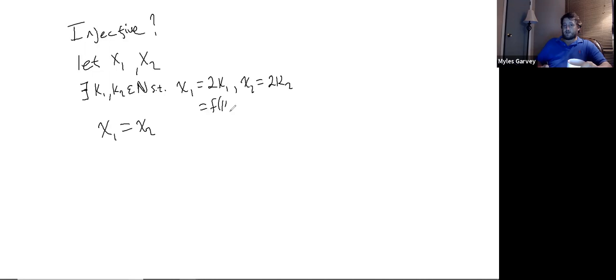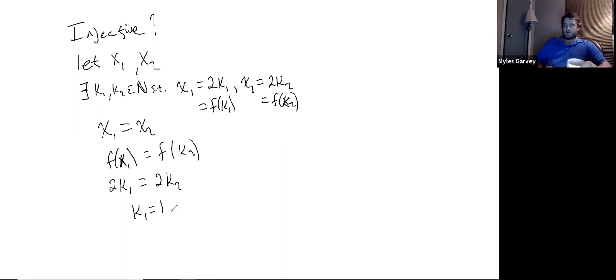As it turns out, this is f of k1, and this is f of k2. So here, assume that f of k1 is equal to f of k2. Well, according to our rule, this is 2 times k1 equals 2 times k2. Divide both sides by 2, and we have shown that k1 equals k2. So what have we shown?